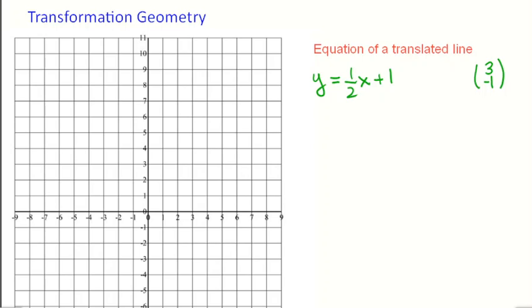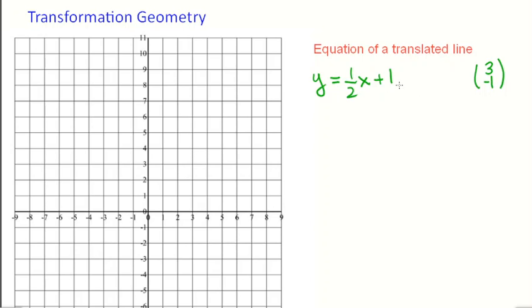Alright, so let's say that we have an equation of a line, and we're told that this line has been translated through some vector. So this is just translation. And then we're asked, okay, what's the equation of the new line? So first let's draw this line.